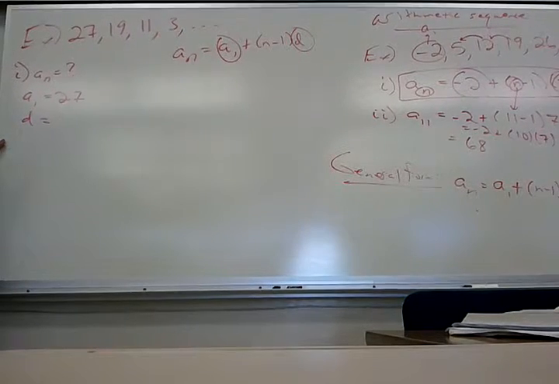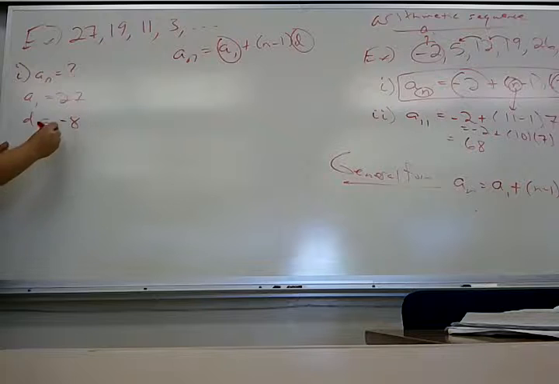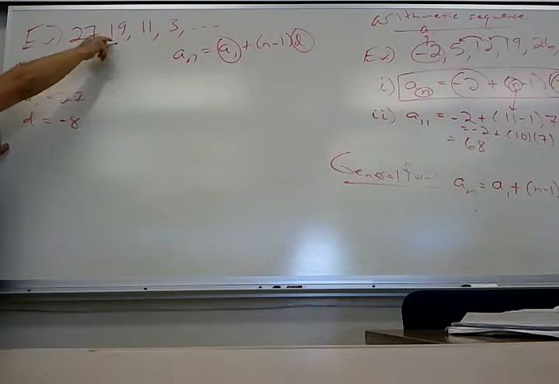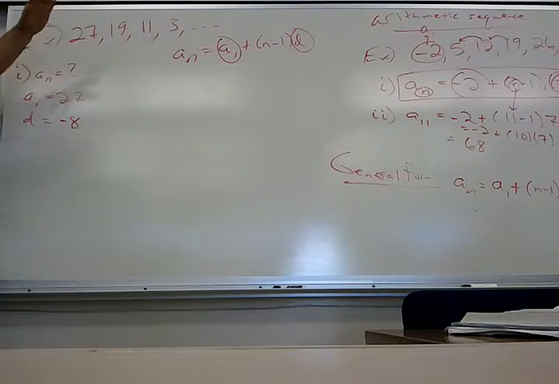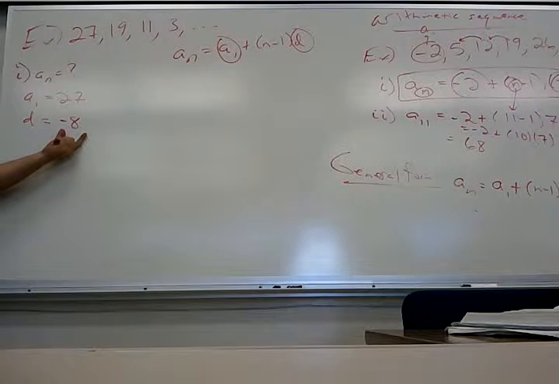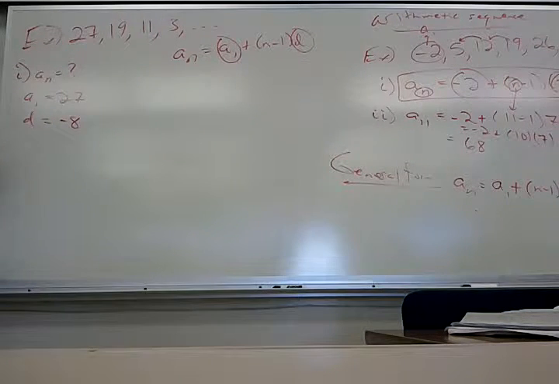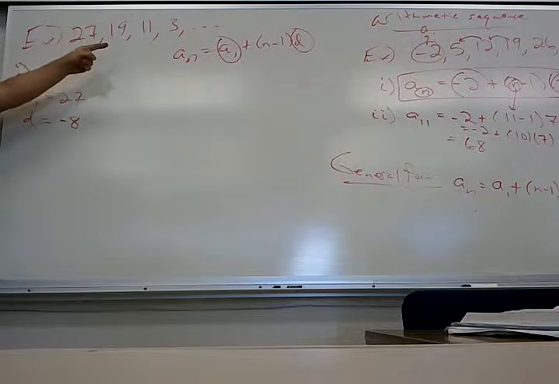Negative 8, because it's what I keep adding. Do I add 8 to get here? No, I add negative 8 to get there. So if it's decreasing, D is negative. The formula does not care. As long as you keep adding the same thing, the formula works that way.